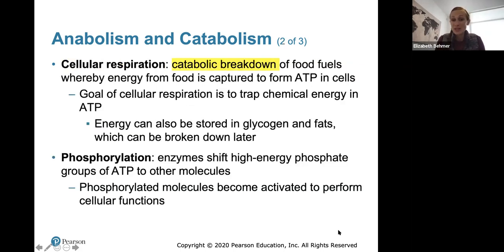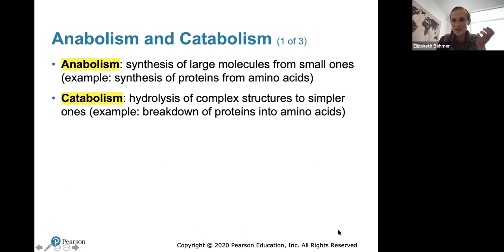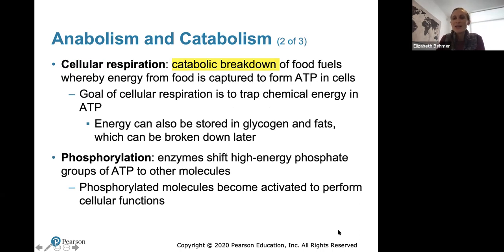Cellular respiration then is a catabolic reaction, so you should know that. So again, cellular respiration is a catabolic reaction, meaning that we are breaking something large into something small. In this case, we're taking glucose to form ATP. So it's a catabolic breakdown of food fuels like glucose, where energy from food is captured to form ATP in cells.